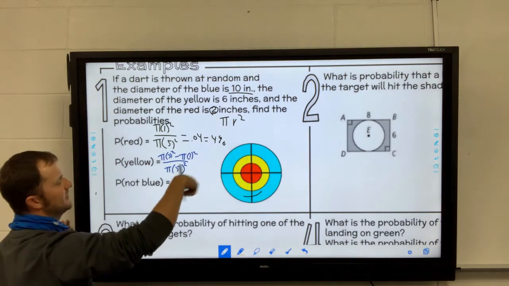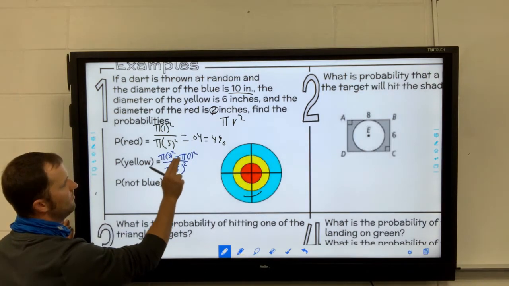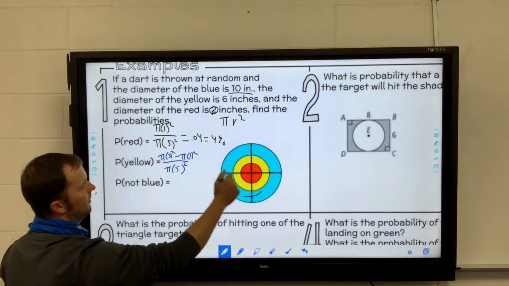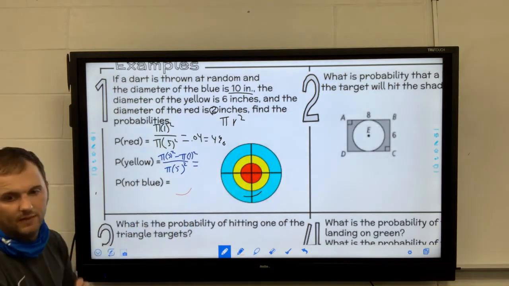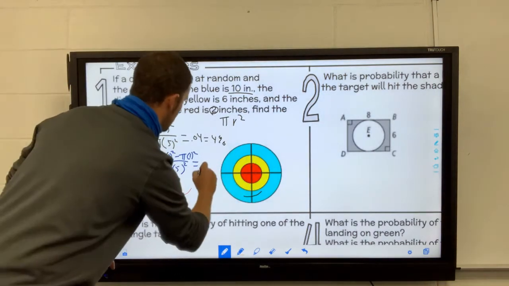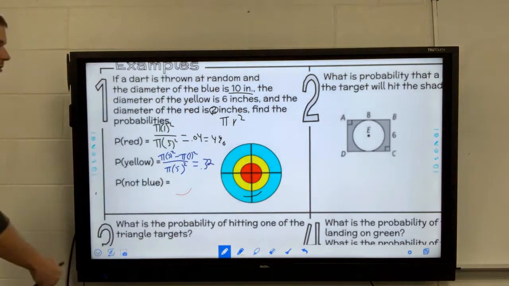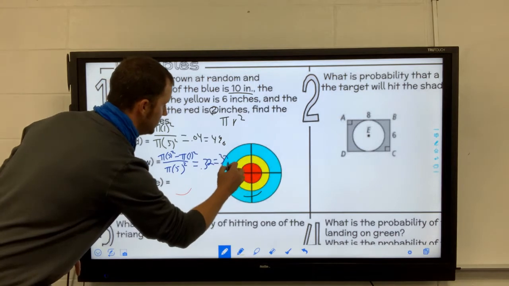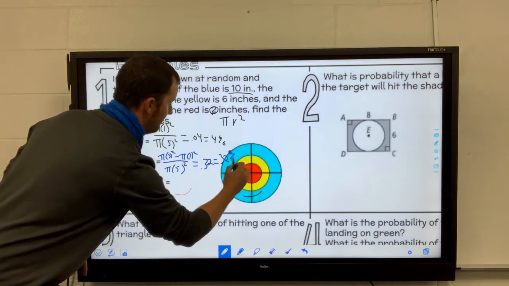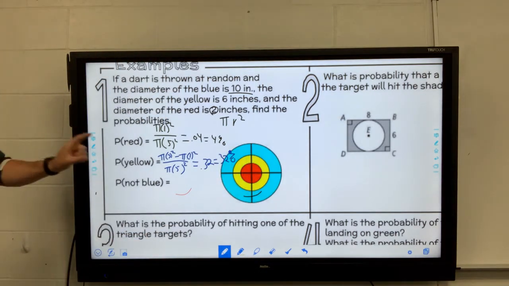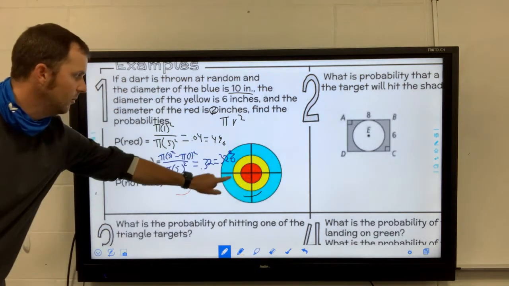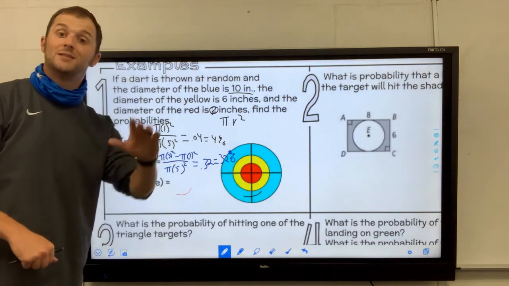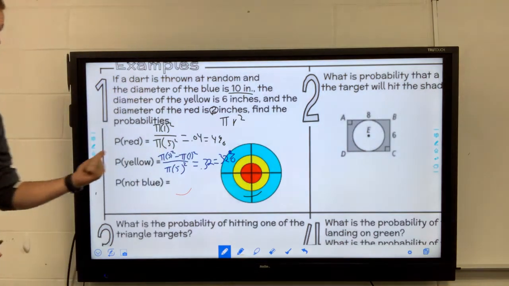Whenever I type this in my calculator, remember I did yellow minus the red to get just the yellow, it should come out to be 0.32, which if I move it 2 decimal places over turns into a 32% chance. So there's a 32% chance that I'm going to hit the yellow part instead of the red. It's a higher percent chance than the red, okay?